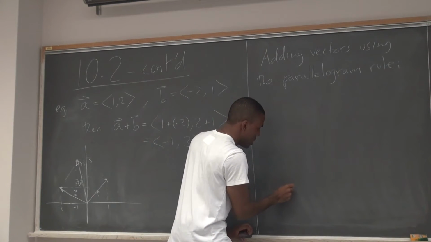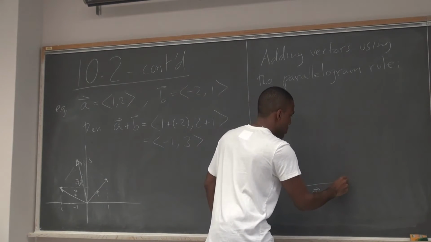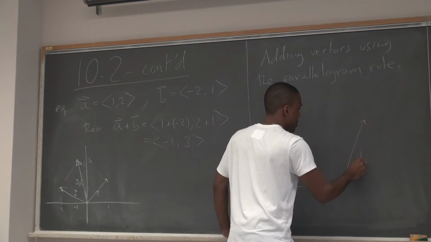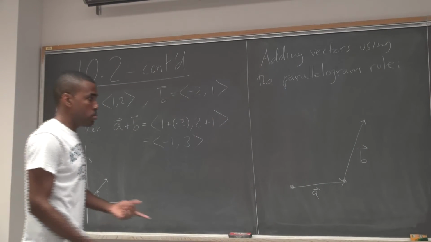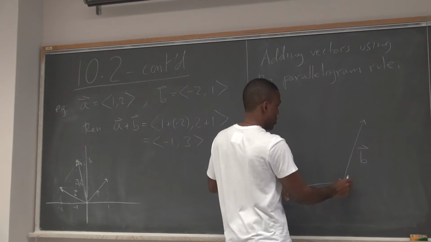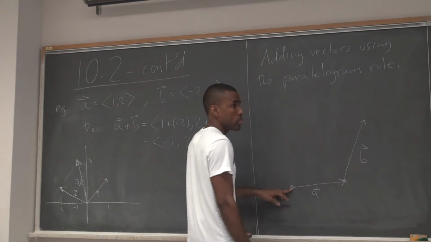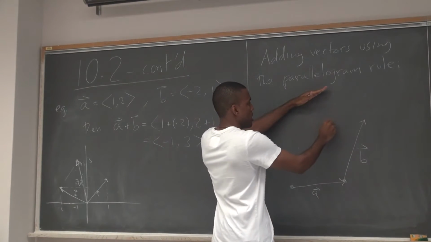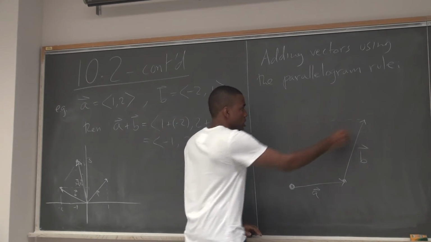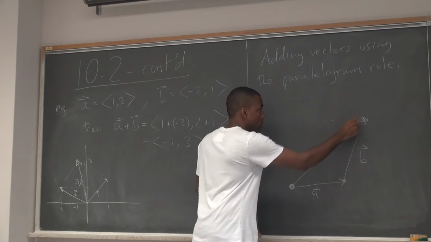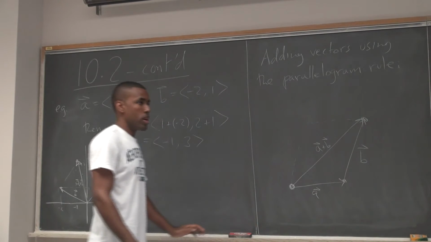Let's say you have a vector here, A, and it's connected to a vector B, and you want to figure out the sum. A quick way to do it is to make a parallelogram. Draw another side here that's parallel to B. Draw another side here that's parallel to A. And the vector that goes from this corner to that corner is going to be the sum. It's just the diagonal of the parallelogram.